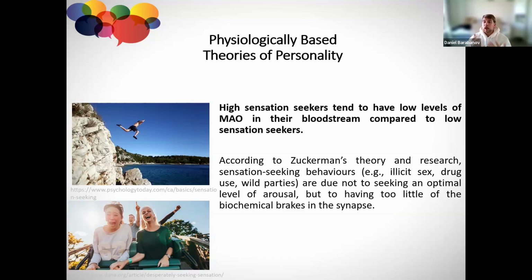And those people just can't stop, right? They lack this natural brake pedal inside their physiological system, which makes them more active and seeking more impressions, because they basically have a lesser ability to stop compared to people with low sensation seeking.